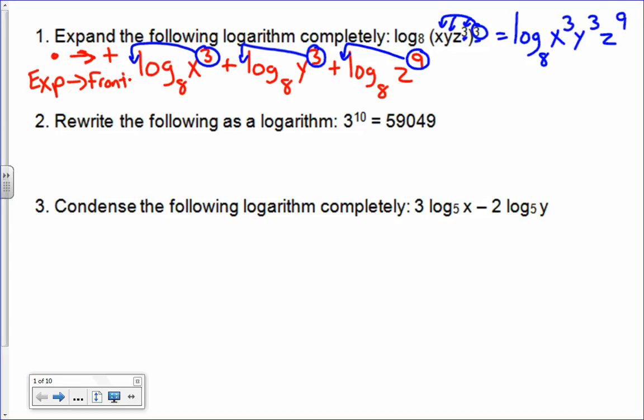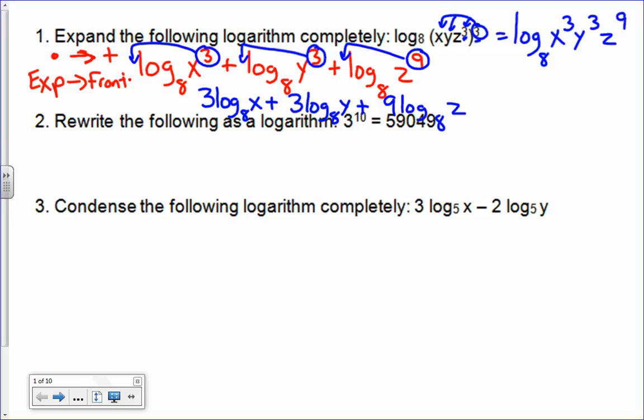So that answer will be written like this: 3 log base 8 x plus 3 log base 8 y plus 9 log base 8 z. And that's your final answer.